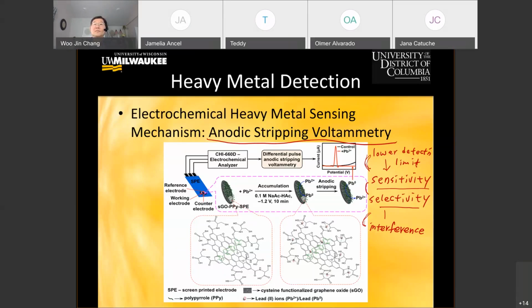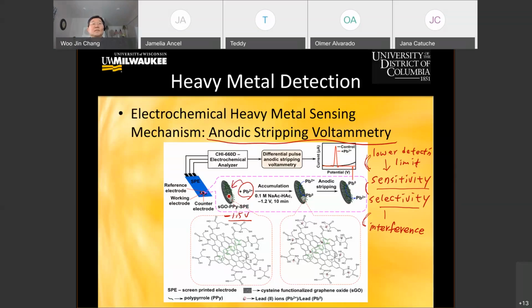And in my case, I chose anodic stripping voltammetry. Basically, this method initially deposits the dissolved heavy metals on the surface of the electrode by applying a negative potential to the electrode.